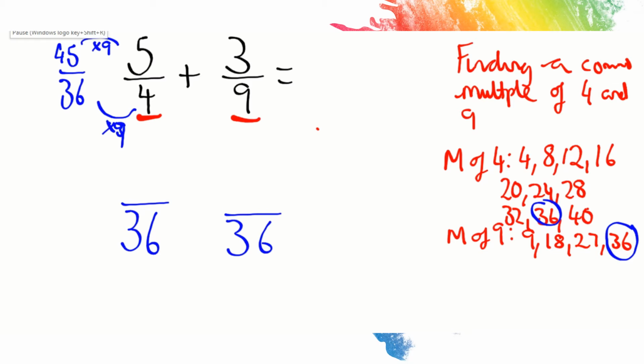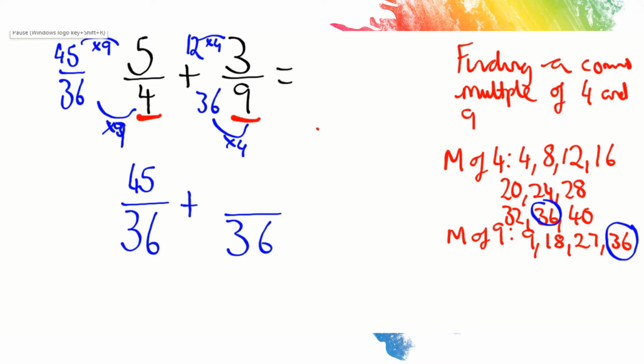So I know my first fraction is going to be 45 plus, something. Well, what did I times my 9 here by to get to 36? Well, that is 4. So that means I'm also going to multiply my numerator by 4. 3 times 4 is 12.